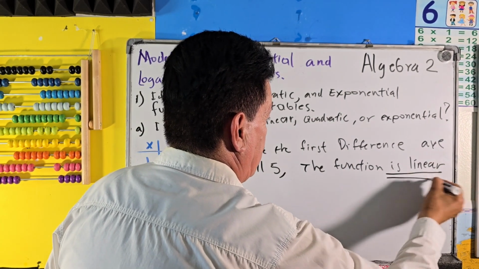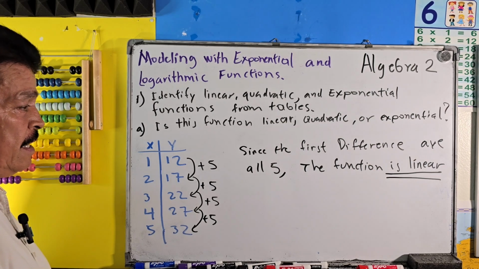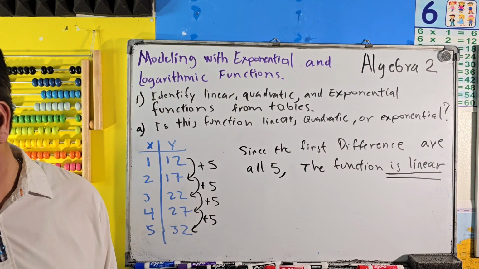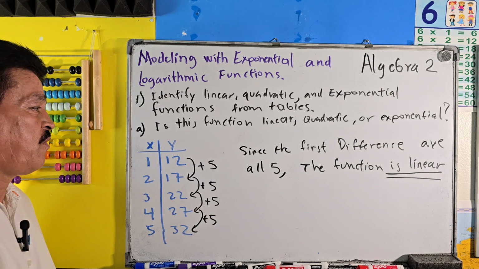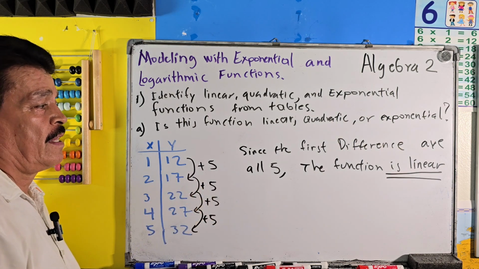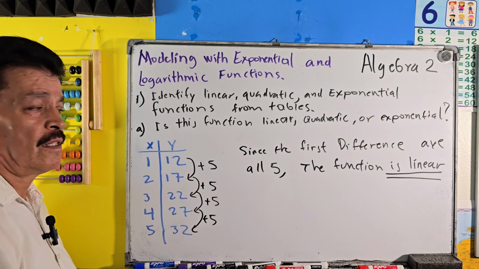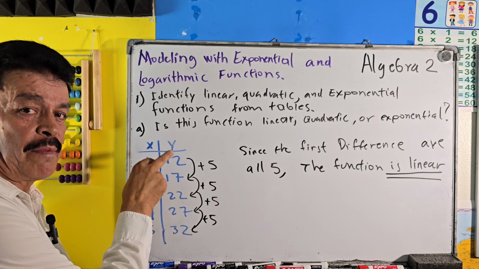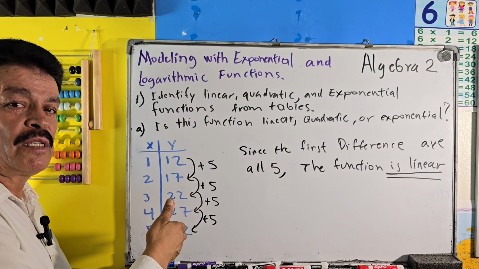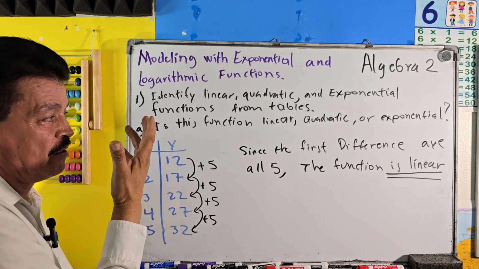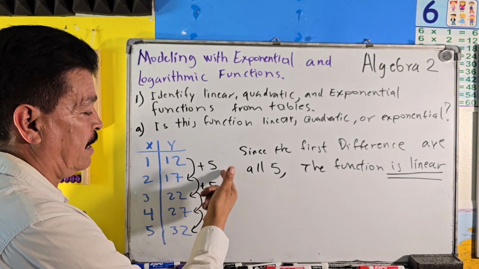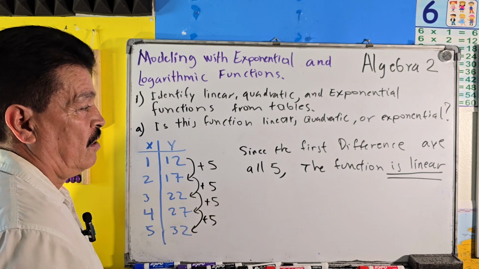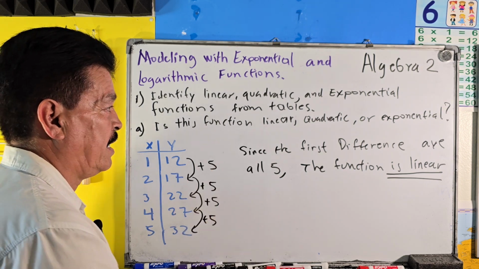Okay, that's our answer, that's the solution. It is not hard. We have to take a look at the y values and how these numbers are moving, and then we are able to see if it is quadratic, or in this case linear. Since all differences are 5, it's linear.